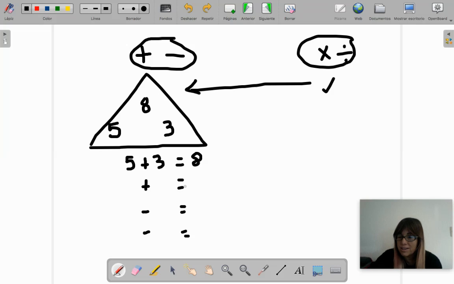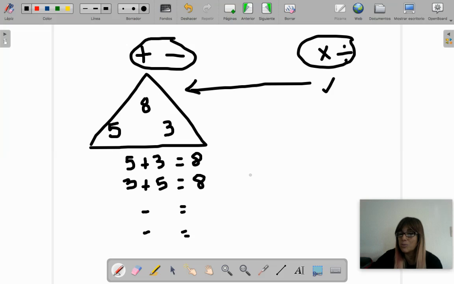Let's make another addition with the same numbers. Think for 5 seconds. Excellent. The ones that were saying 3 plus 5 equals 8, you are amazing.